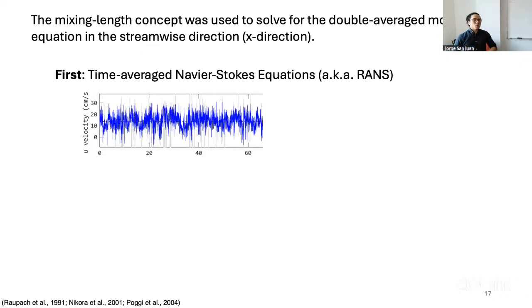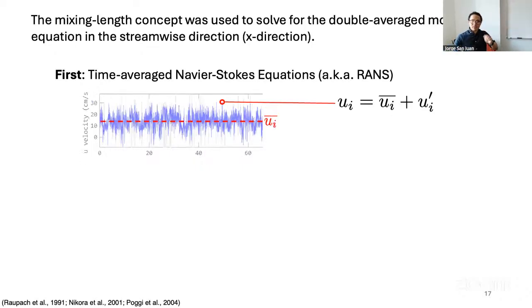What I mean by that is when we took our velocity measurements at a single point, that measurement gave us a time series, and our time series was decomposed according to the Reynolds decomposition. An instantaneous velocity is decomposed into a time average velocity plus a deviation from that time average, which is our turbulent fluctuation. That was the first decomposition that we did to our velocity measurements.